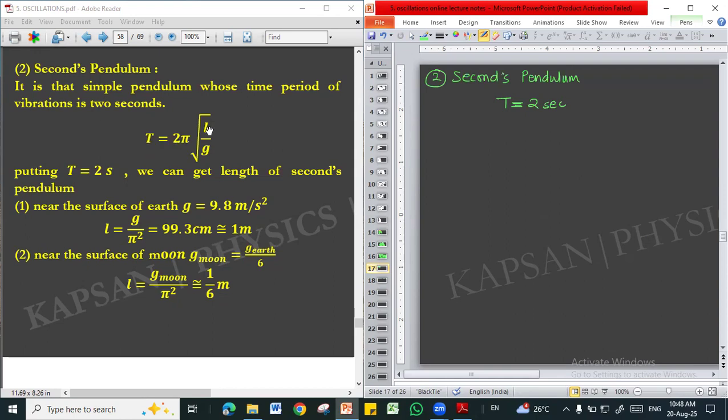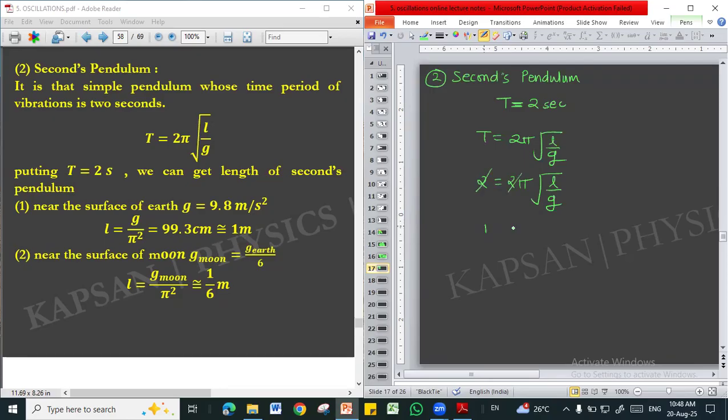So T equal to 2 pi into root of L upon G. Put T equal to 2. What we will get? We know T is equal to 2 pi into root of L upon G. So for this time period to be equal to 2, we have to write 2 pi into root of L upon G. Now we will get one specific relation between length and G. These two cancel.